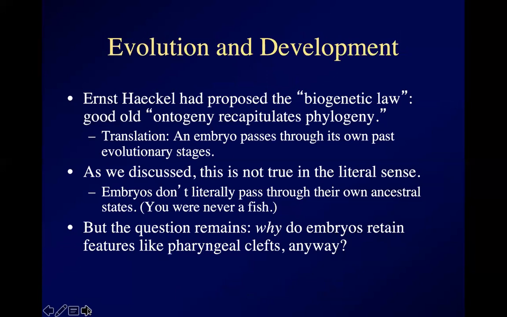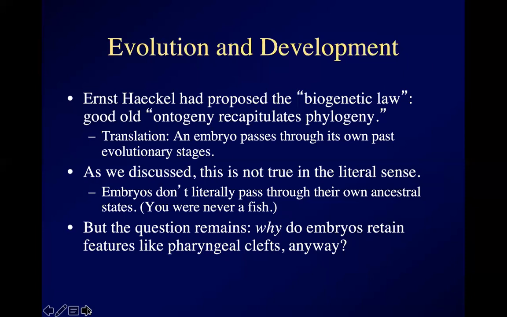So we already mentioned Ernst Haeckel, who proposed one of the most interesting wrong ideas in the history of science. It's the biogenetic law. And that is the claim that ontogeny recapitulates phylogeny. Ontogeny, remember, is the stages that a fertilized egg goes through on its way to developing into an adult. Ontogeny is embryonic development.